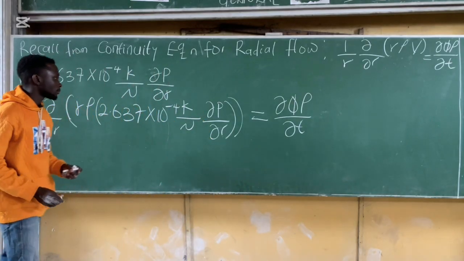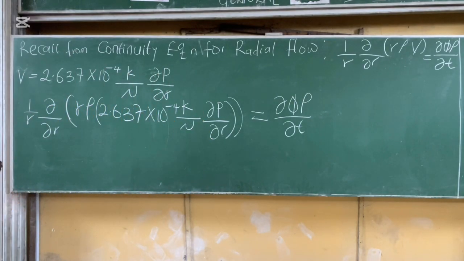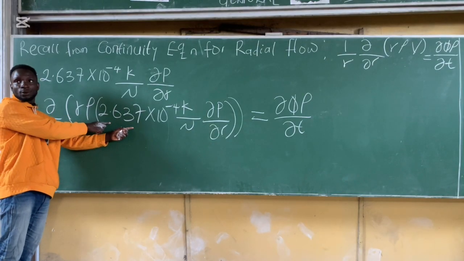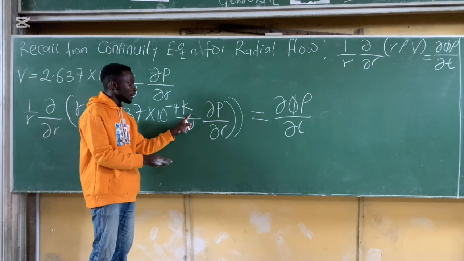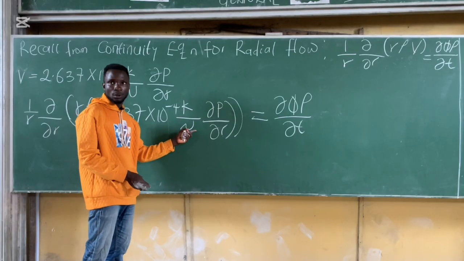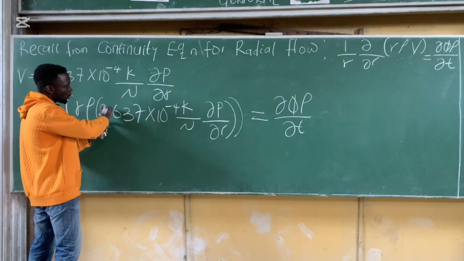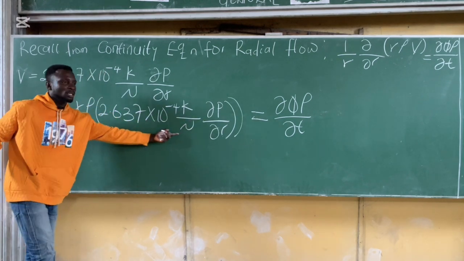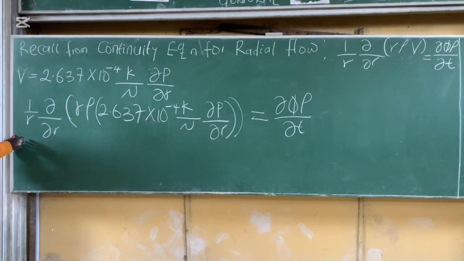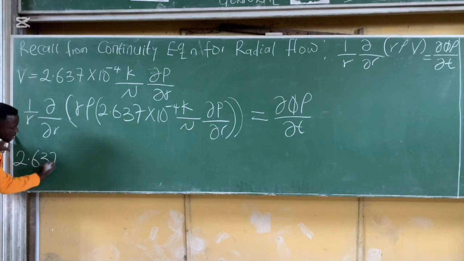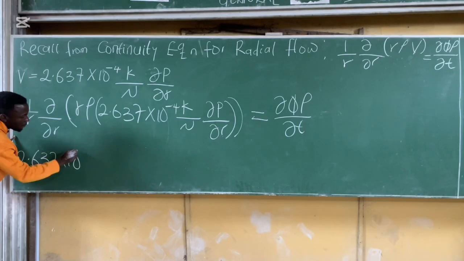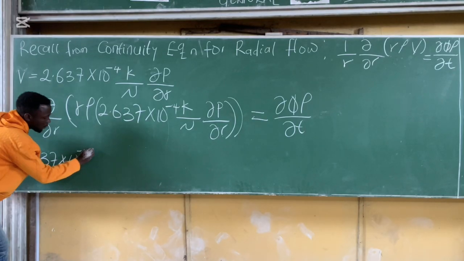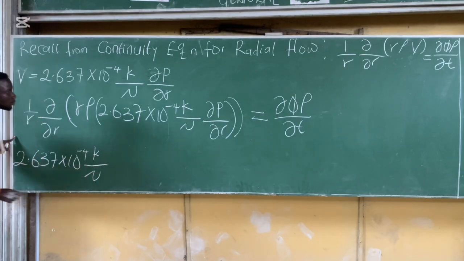If you look at this critically, you find out that this value here is a constant, k and mu here are also constants. So we are going to bring this value and k over mu out of this bracket. If we bring it out, we are going to have 2.637 times 10 raised to the power of minus 4, k divided by mu.